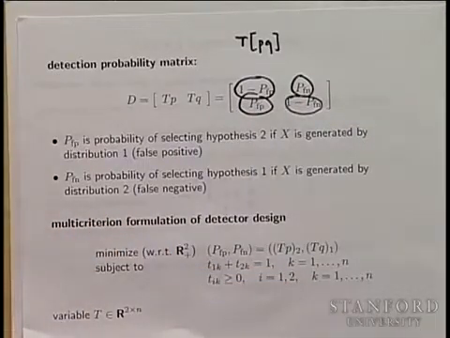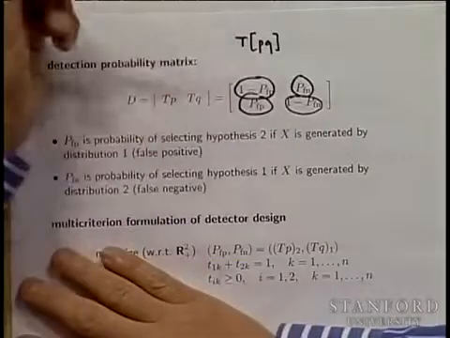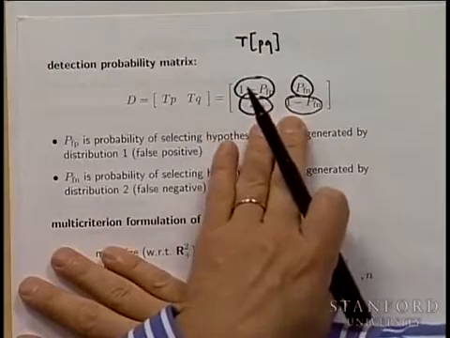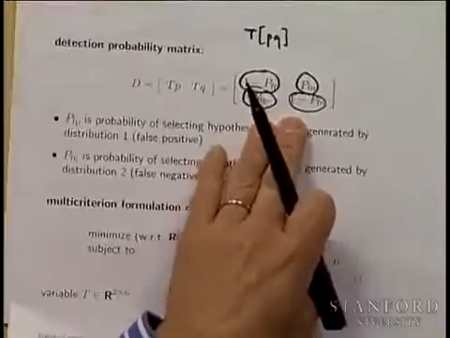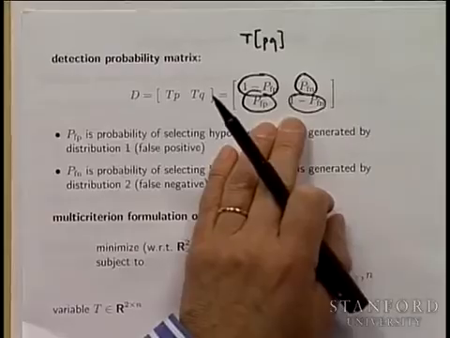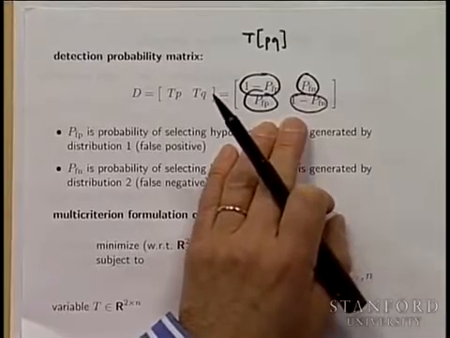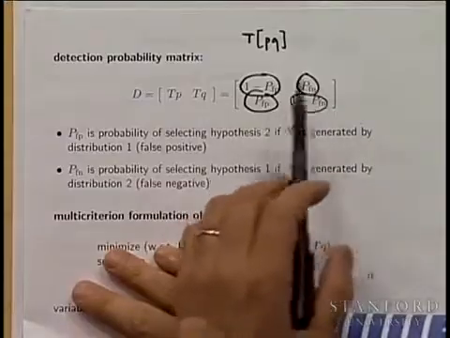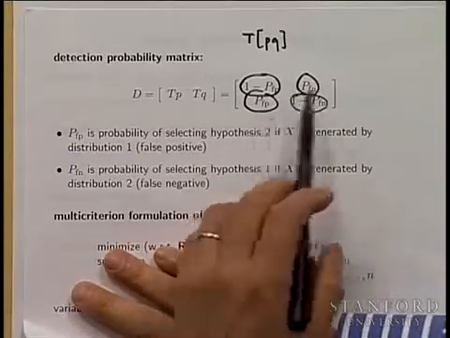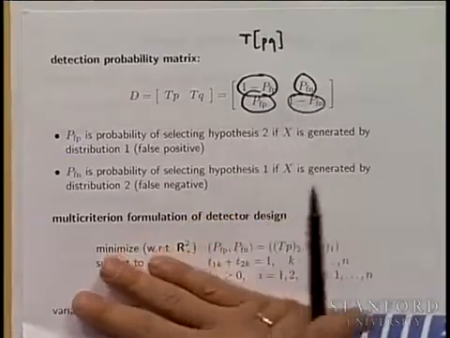So in fact, what you really have here is a bicriterion problem, because what you'd really like, of course, is for this matrix to be the identity matrix. That means you're absolutely infallible. Whenever it comes from distribution 1, you correctly estimate distribution 1 and so on. You make no mistakes of any kind, no false positives, no false negatives. But in general, you have a trade-off between these two false alarm probabilities.